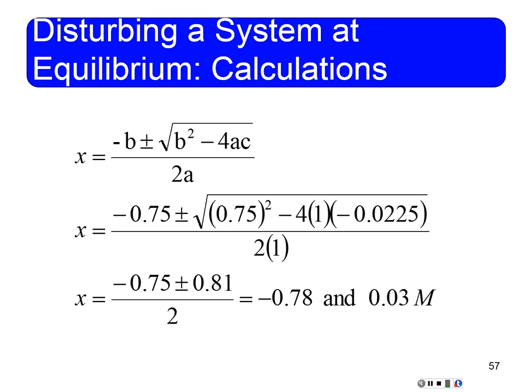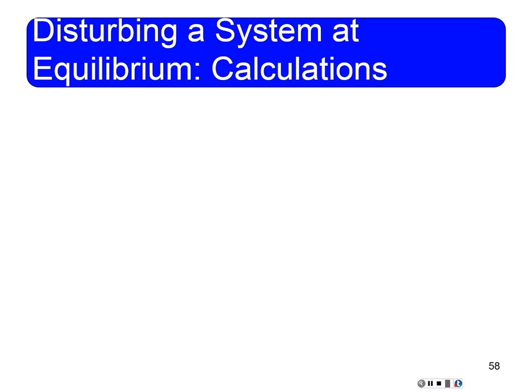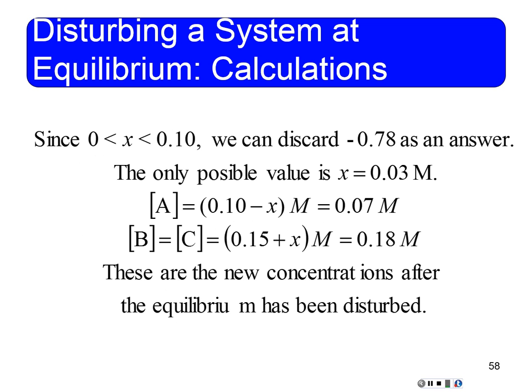So all you have to do is go back to your ICE method, where you had X in there. If you look back, A was 0.10 minus X. So now you plug in X, 0.10 minus 0.03. So our new equilibrium A concentration is 0.07. B and C were both 0.15 plus X. This is where your sign becomes important.